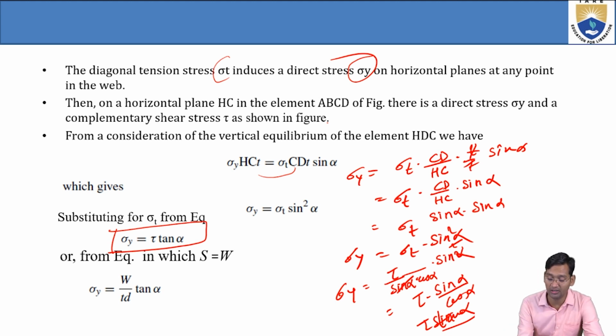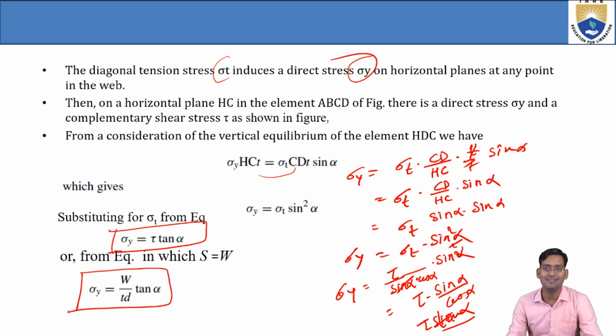Or from the equation, put S equals to W. So again we have to go back, because in the starting we assumed S as the force, but what we derived was W, so S equals to W, you can just replace. So you will get sigma Y equals to W by T d tan alpha, because tau is W by T d. So sigma Y will be equal to W by T d tan alpha, or you can say S by T d tan alpha.